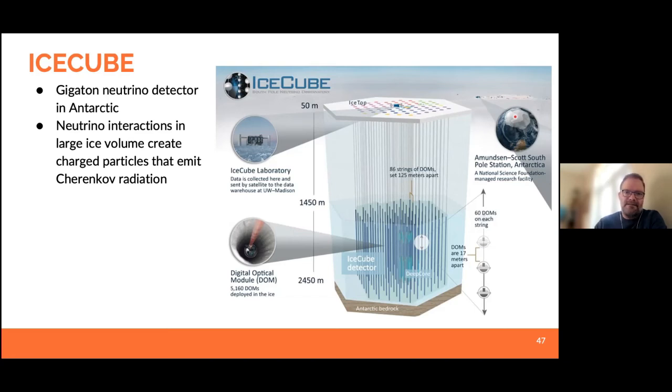The PMTs point in different directions, and so you can distinguish light that comes from above and from below. And it's really deep. It's 2,500 meters deep, and it's an incredibly large volume that is active.